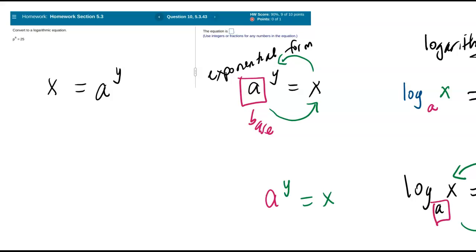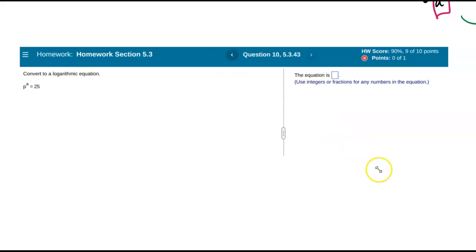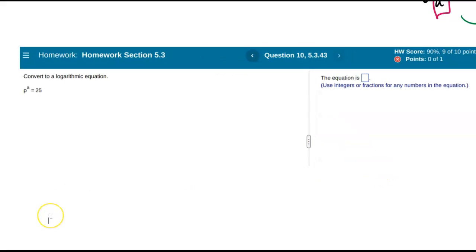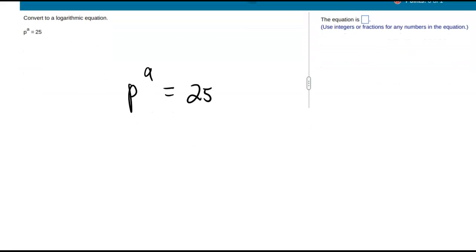Having said that, let's look at the example in question. I'm going to move it down and then make it a little bigger. Okay, so they've given us the exponential form, p to a power of a equals 25. And we want to write the logarithmic form. So again, what's the base? The base is p.